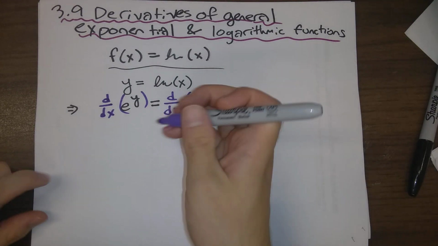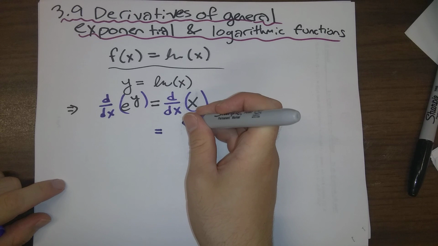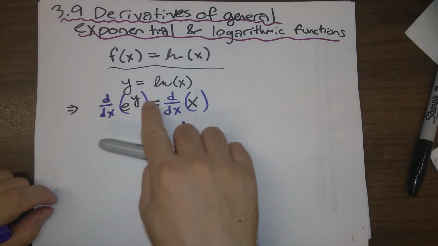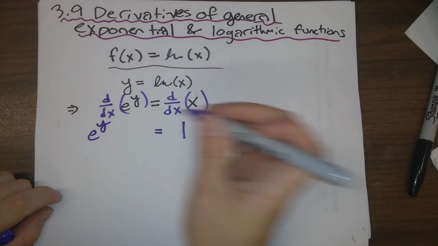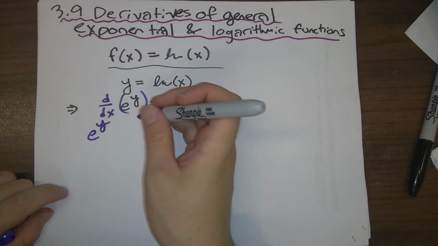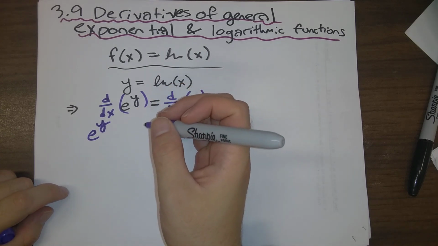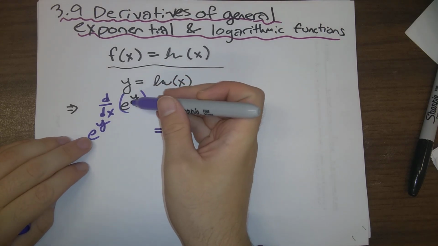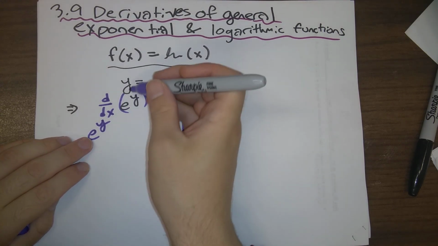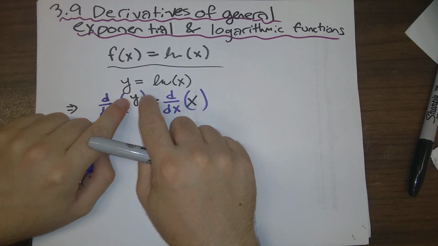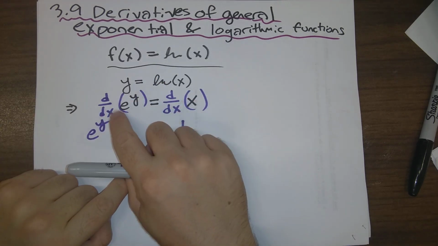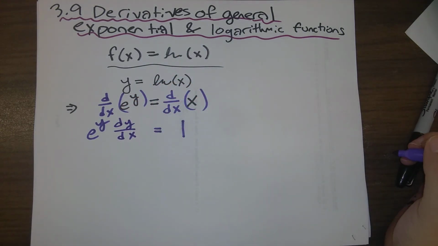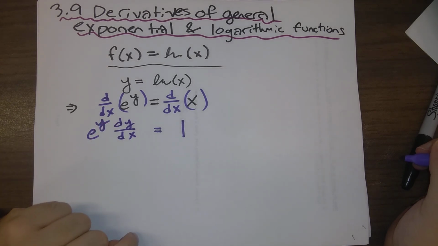So let's see what's going on here. The right side is easier. The derivative with respect to x of x is 1. On the left, the derivative with respect to x of e to the y is e to the y, but by the chain rule we also have to multiply by the derivative of the exponent with respect to x. So our derivative is e to the y times dy dx.